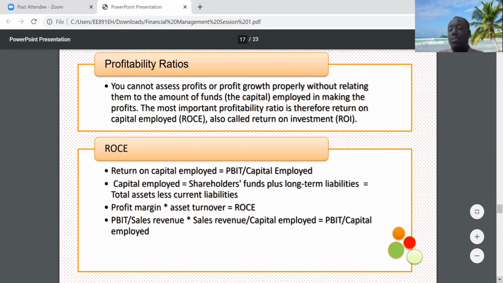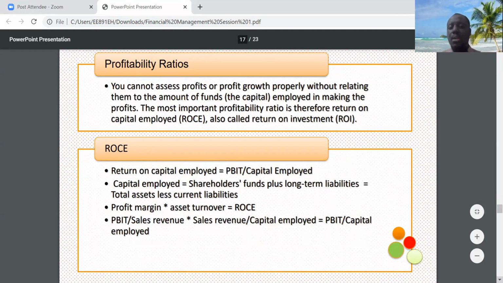The most important profitability ratio is what we call ROC, which is the return on capital employed. You can also call it ROI, which is the usual, common name that is used, return on investment. So let's look at ROC, return on capital employed, and the formula to calculate this.